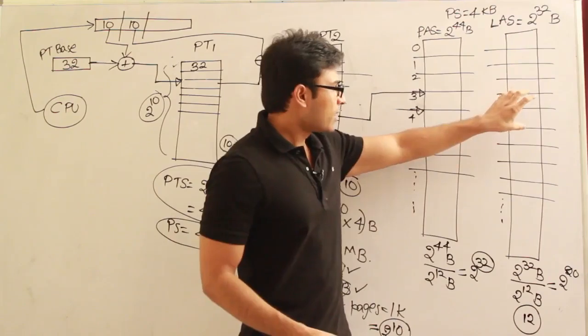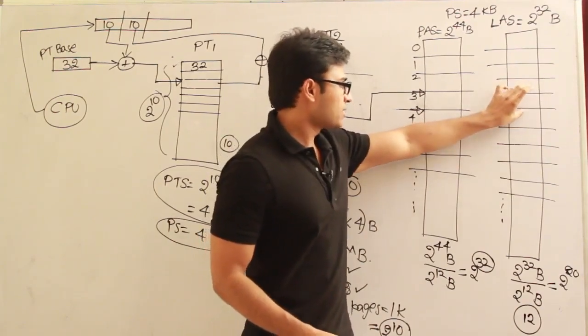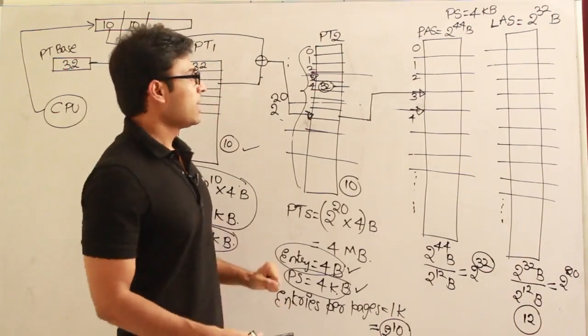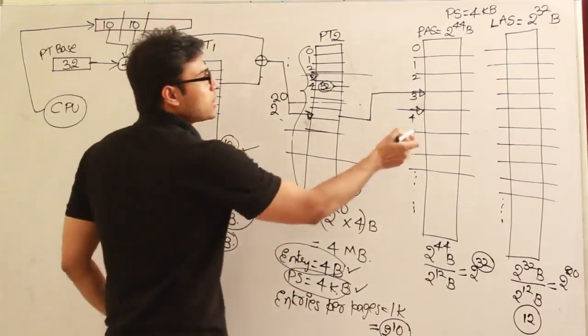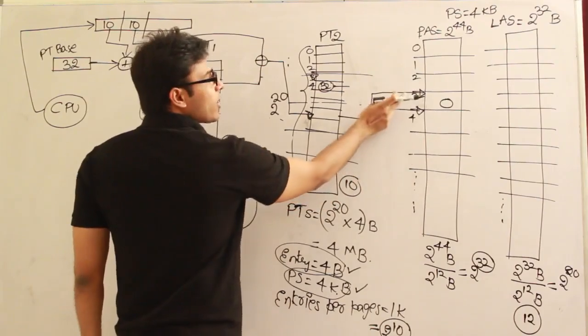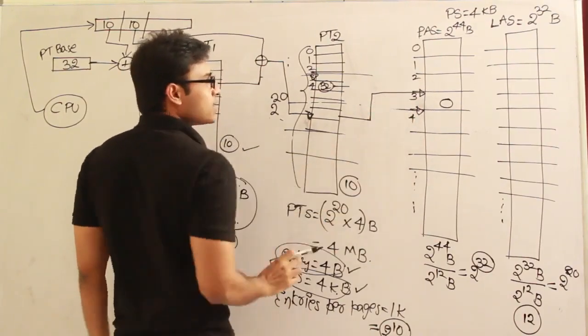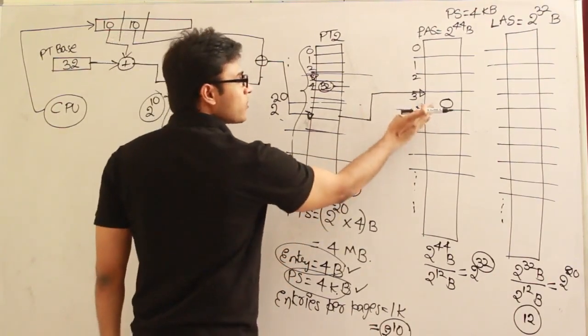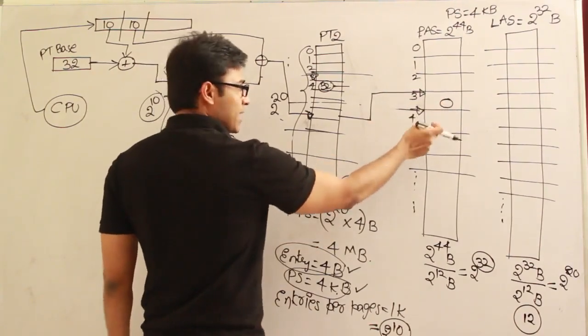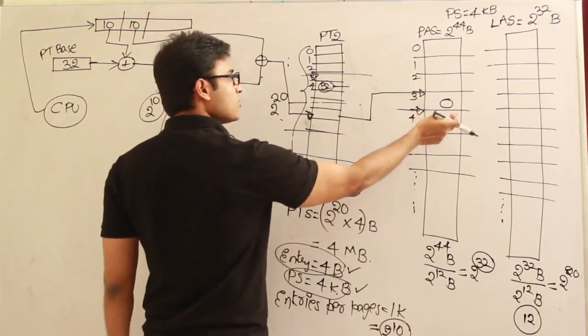So finally one page of this process will be present in the main memory, right? Now I have to get into the corresponding word which I wanted. Getting the base of the frame is not enough. I have to go into the frame and fetch that particular word. It is byte addressable, therefore how many bytes are there? 2 power 12 bytes.